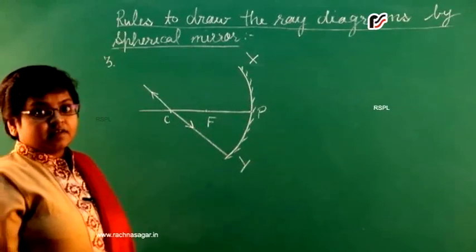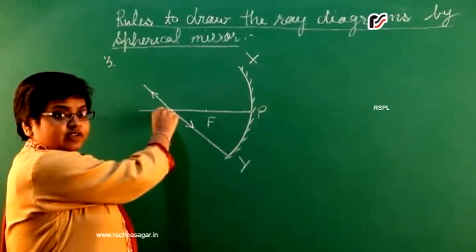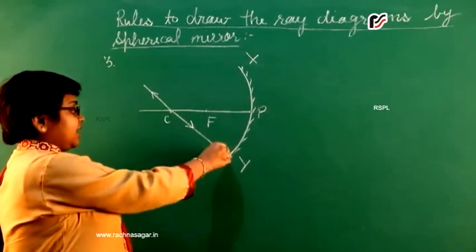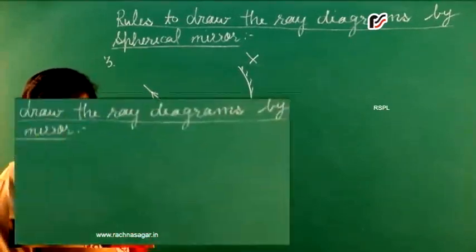Like this. A ray incident and passing through the center of curvature bounces back on the same path, that is, in just the 180-degree opposite direction.